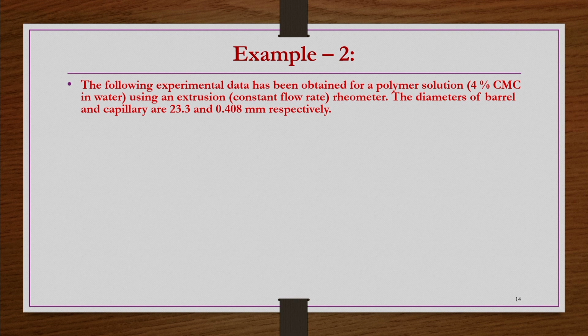Okay. So, now the example problem. The following experimental data has been obtained for a polymer solution of 4% CMC in water using an extrusion constant flow rate rheometer. The diameters of barrel and capillary are 23.3 and 0.408 mm respectively. Barrel diameter is 23.3 mm, capillary diameter is 0.408 mm.